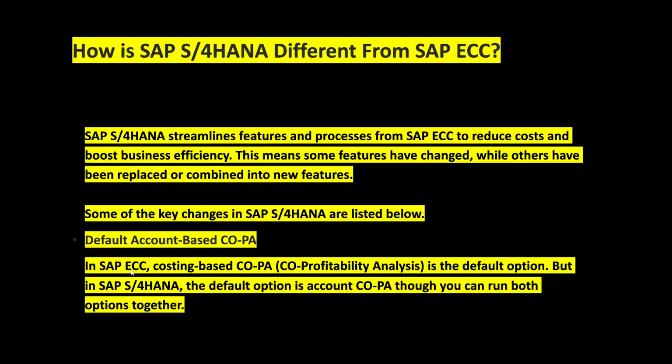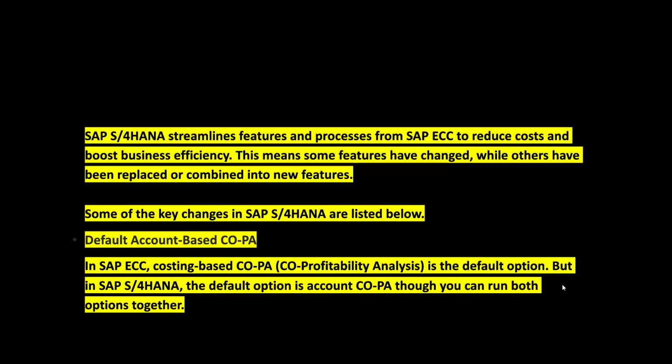Meanwhile, in the SAP ECC, the costing-based COPA is the default option, right? But in S/4, the default option is account-based COPA, though you can run both options together. So for the accounting and for the finance side, this is one of those significant changes that we have seen.